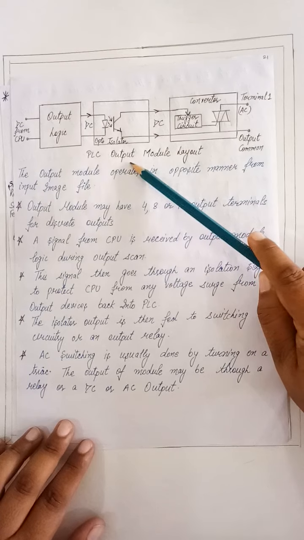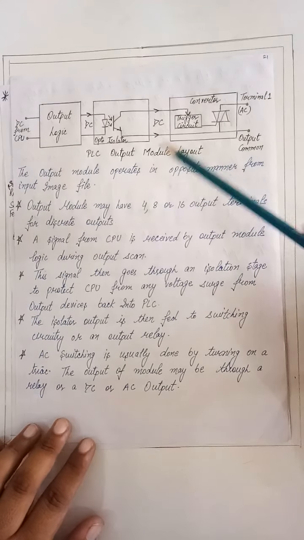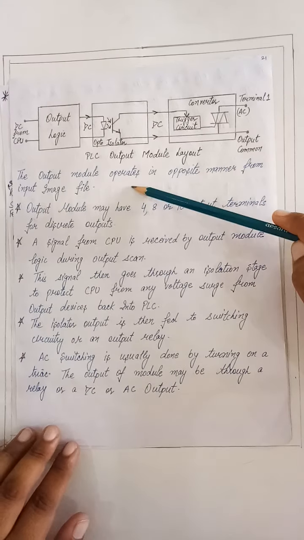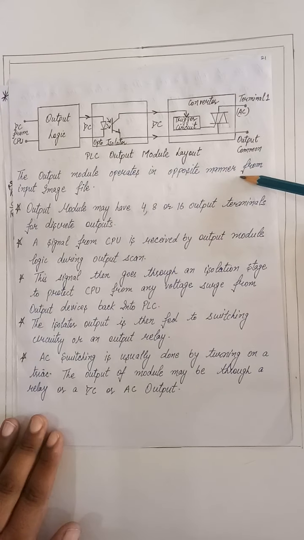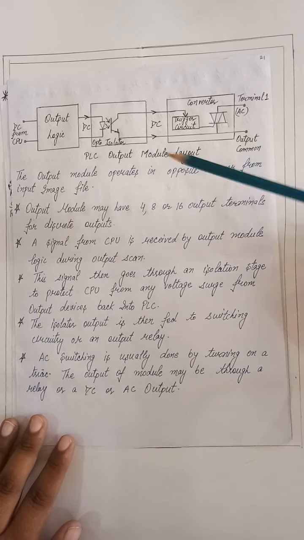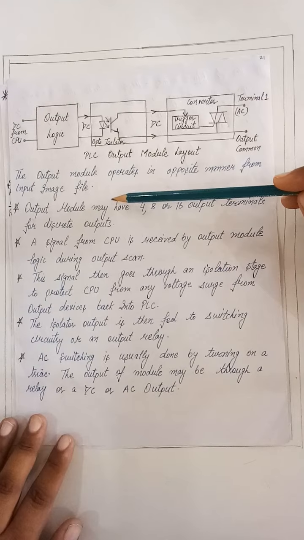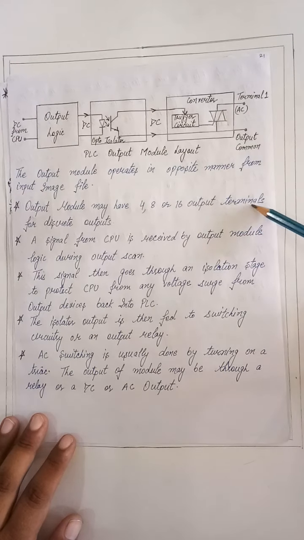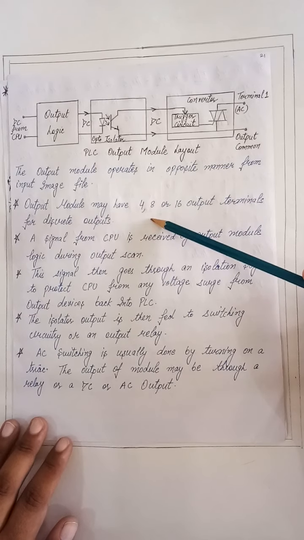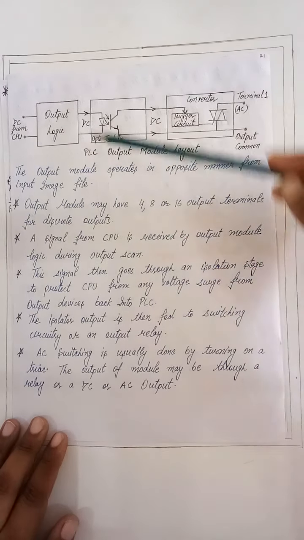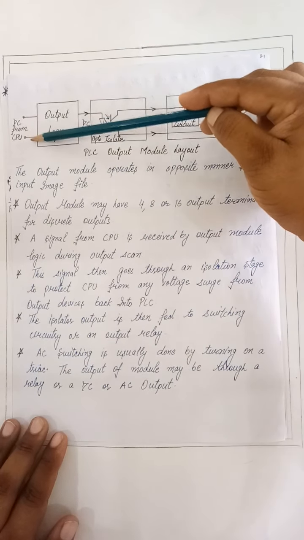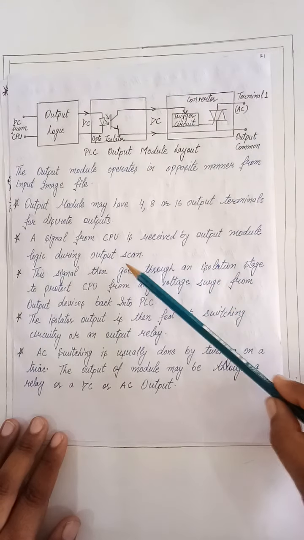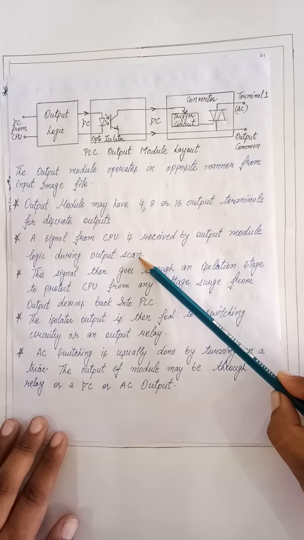This is the PLC output module layout. The PLC output module operates in the opposite manner from the input image file. Output modules have 4, 8 or 16 output terminals for discrete outputs. A signal from the CPU is received by the output module logic during output scan.